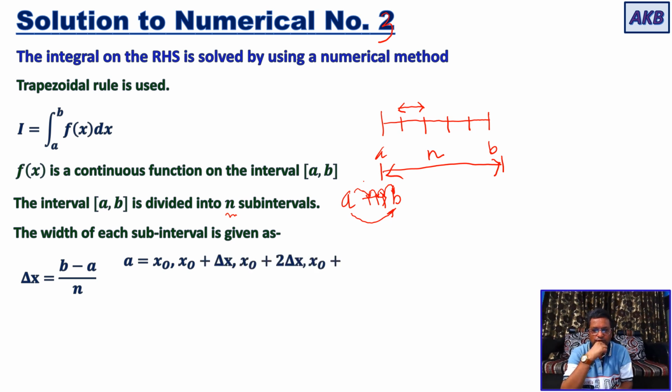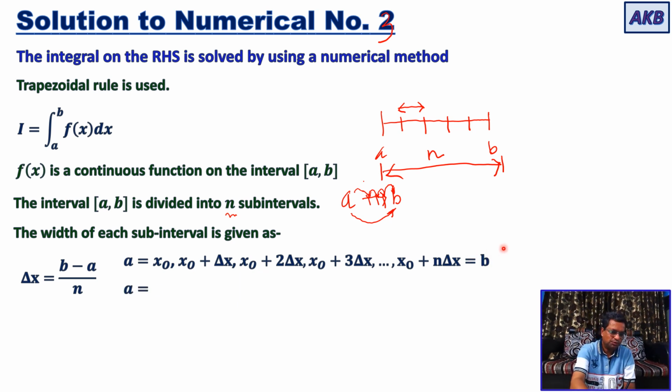Okay. So we start at a. Let a be x0. So the next value will be x0 plus delta x. The third value will be x0 plus 2 delta x, then x0 plus 3 delta x, and the final value will be x0 plus n into delta x. Why n? Because we have divided the interval into n subintervals. So x0 plus n into delta x, and that will be the final value, that is b.